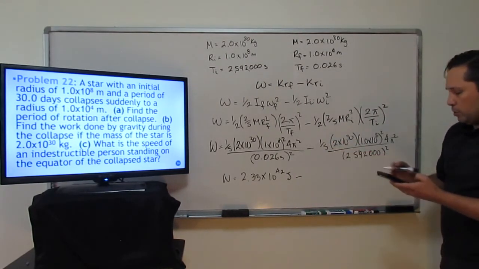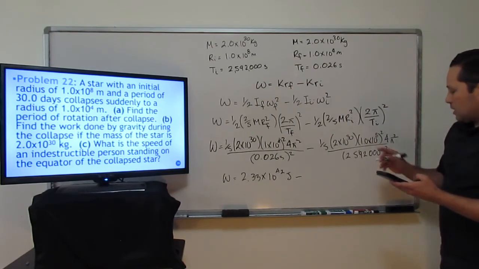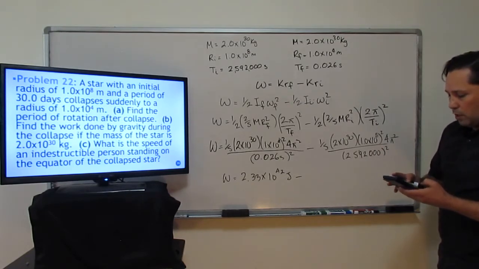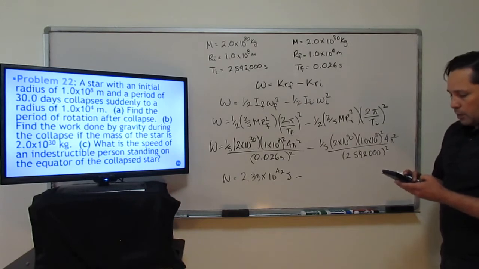which is 1 over 5 is 0.2, times 2 times 10 to the 30th, times 1 times 10 to the 8 squared, times 4 times 3.14 squared, divided by 2,592,000 squared.